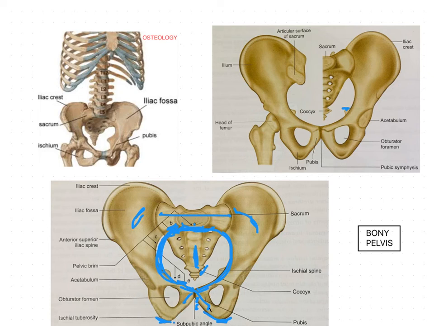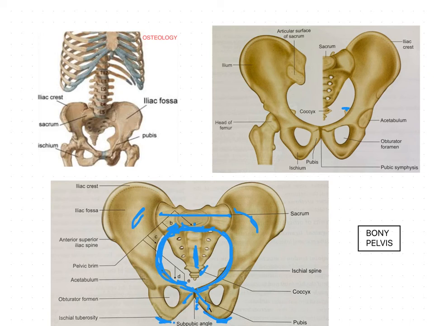Okay, so this aperture we are going to see separately when we are dealing with the diameters. So again we are going to discuss the same borders on the diameters of the outlet.